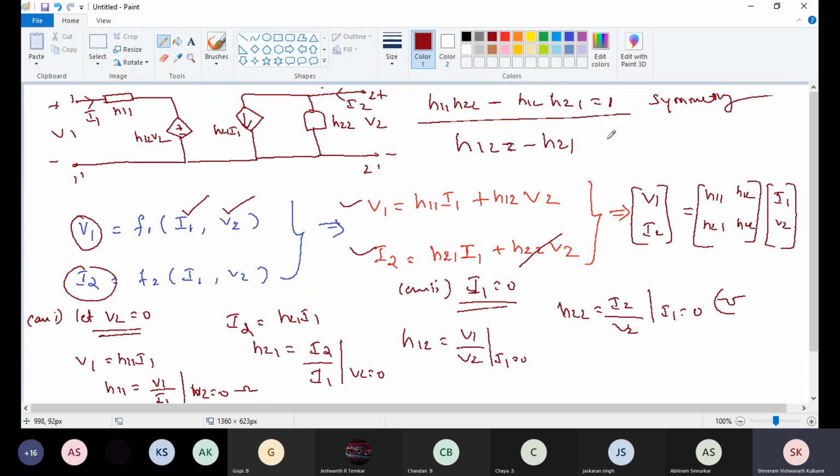H12 is equal to minus of H21, where this is the condition for reciprocity. This is all about hybrid parameters. Now we'll see problems on these H parameters.